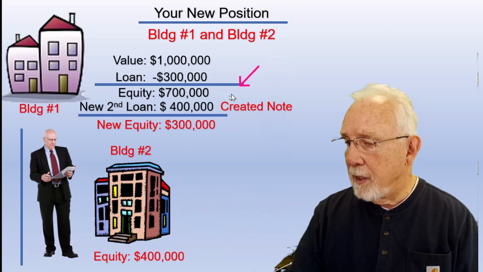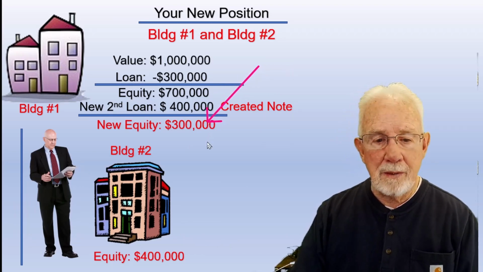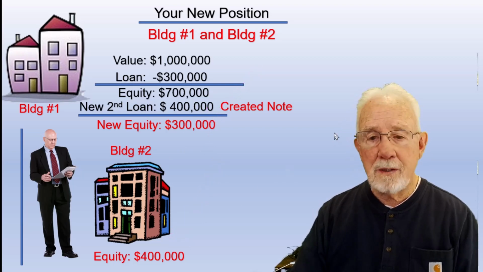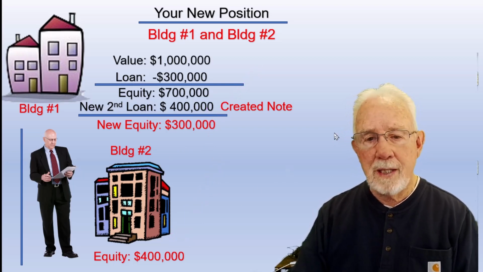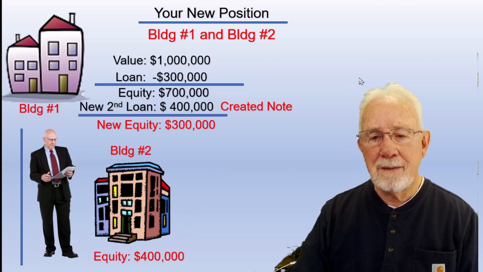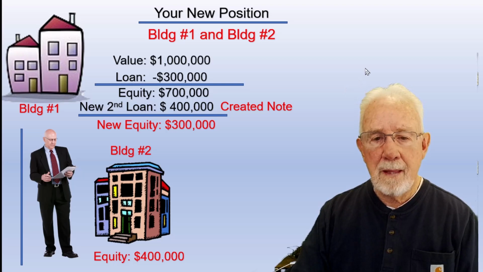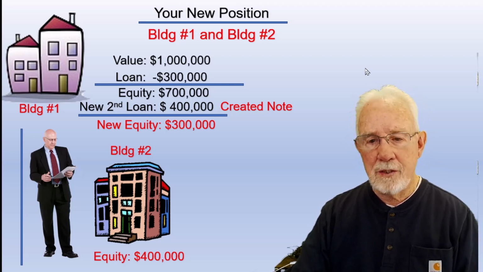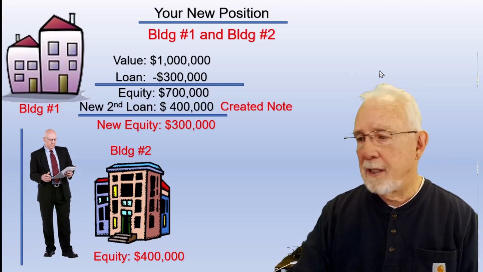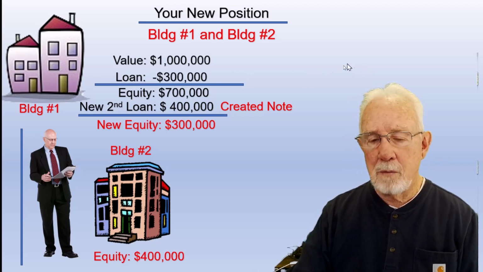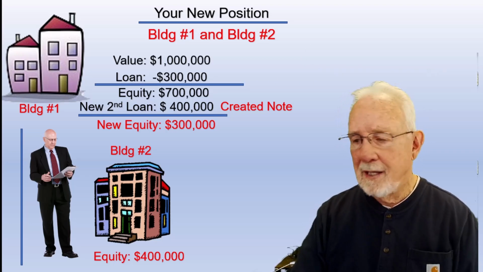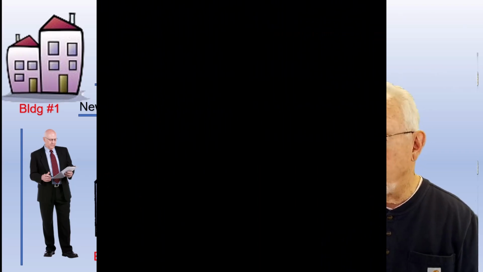We have not created any new equity. We have just moved it around, and we still have $700,000 equity. Now our cash flow has changed, and hopefully it has changed for the better. I think that's part of figuring out the commercial loan process and doing the cash flow analysis and the APODs, and to see how all that will work.